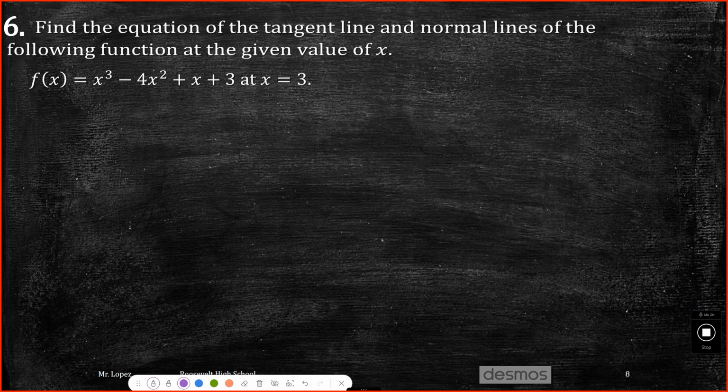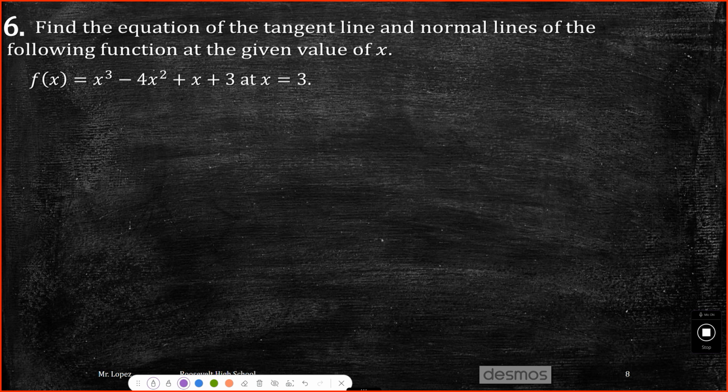Find the equation of the tangent line and normal lines of the following function at the given value of x. See, here's where again, I was saying yesterday or whenever it was that they're talking about how the AP exam is kind of more difficult than taking it at a community college or something like that.